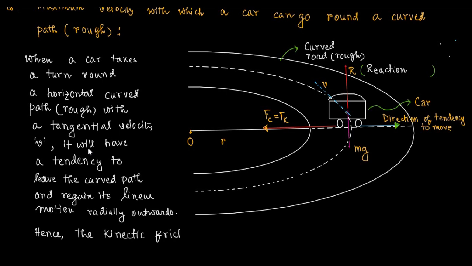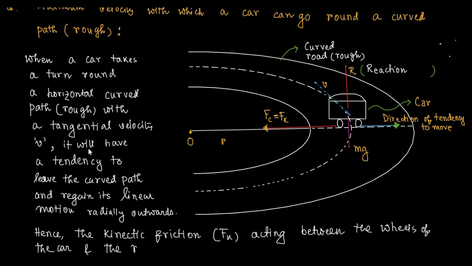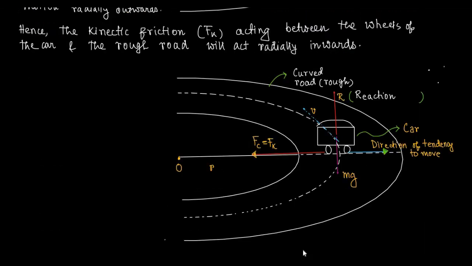Hence the kinetic friction Fk acting between the wheels of the car and the rough curved road will act radially inwards.